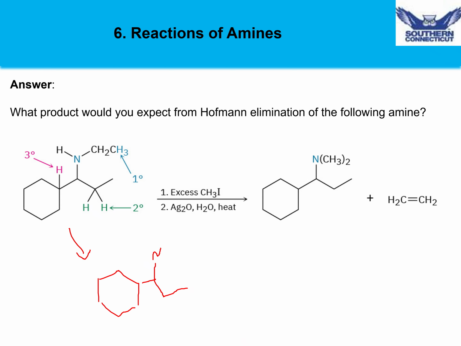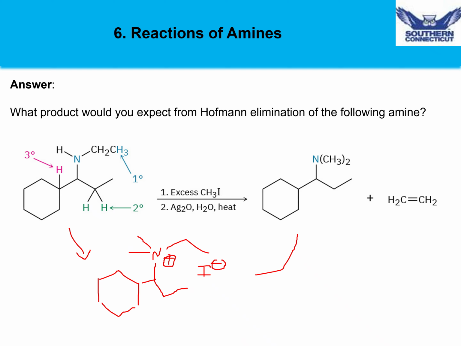We'll have a nitrogen going up with an ethyl group on it, as well as two methyl groups plus a positive charge on the nitrogen. We'll have an iodide counter ion.